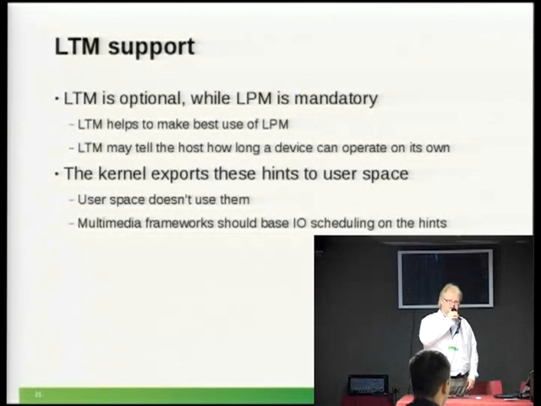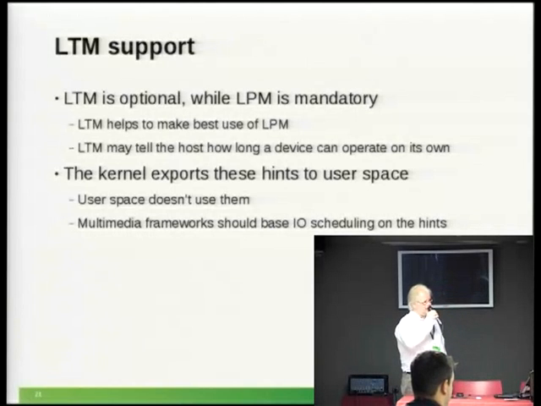And from that, it computes a time for telling user space how long this device can do without I/O. The kernel part of this feature is done. We export those computed hints over usbfs. What we would like is for the multimedia frameworks, PulseAudio and its relatives, to use them and schedule their I/O based on this. It would help us save power.